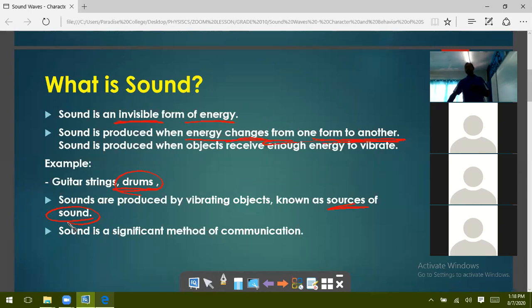So sound is produced from some source, and then it is transmitted through a medium, and there is a receiver on the other end. Just like what's happening right now, I am talking, the transmission tower, radio wave, is becoming the medium through which we can communicate, and you are the receiver on the other end.